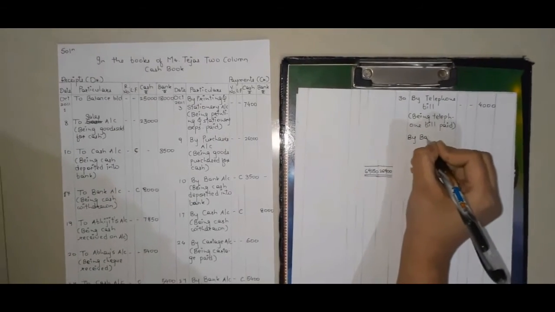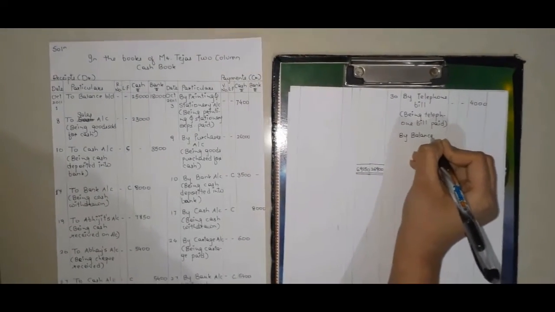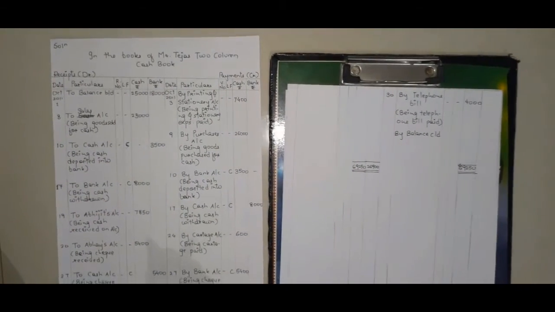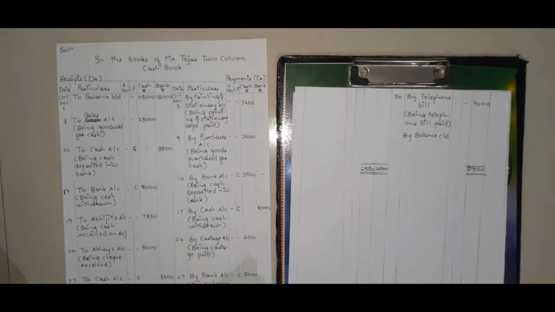So we have to carry down the balance of payment side cash column. So I will write down here by balance carried down to equalize both the sides, that is the payment side as well as the receipt side.